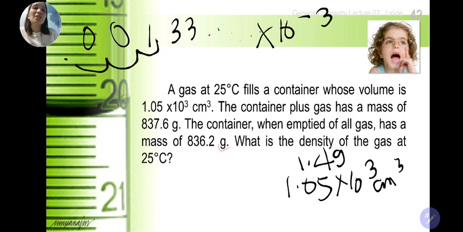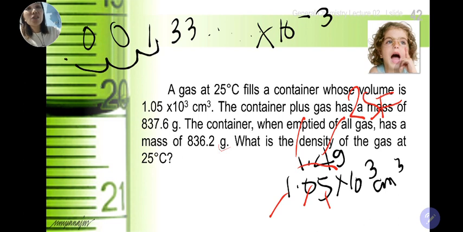So, least number of significant figures, we will count. This one has 1, 2, and this one has 1, 2, 3 significant figures. So, masusunod is yung least or pinakamababa. So, our answer will be expressed in having only 2 significant figures.